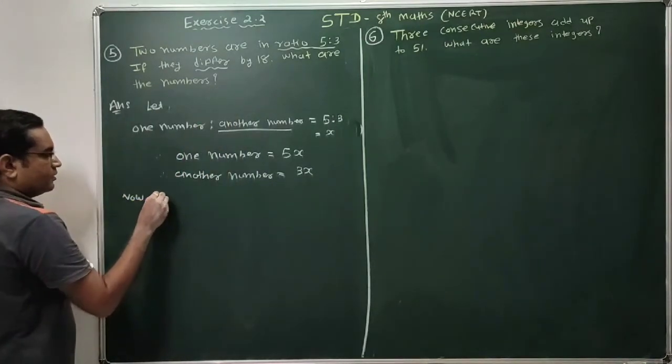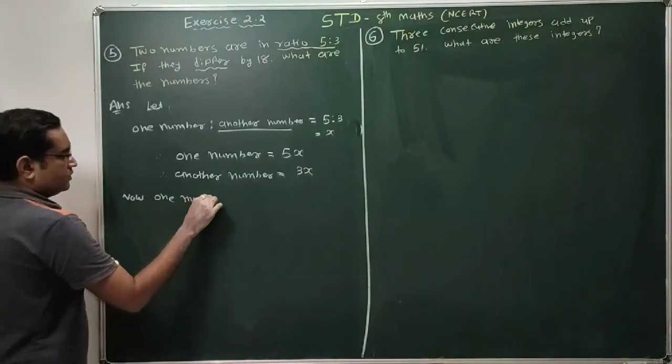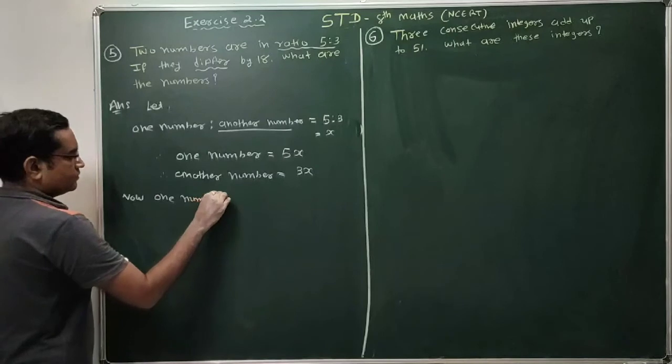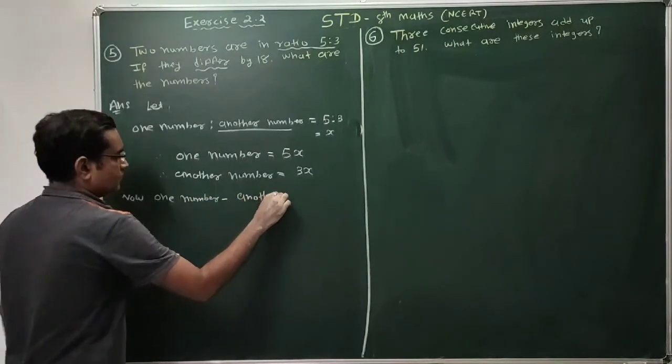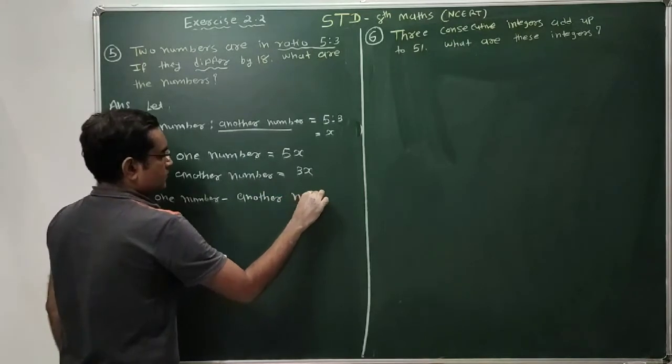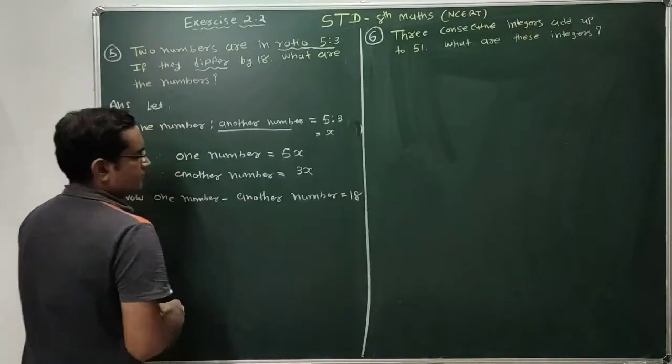So according to our condition, one number minus another number is equal to 18.